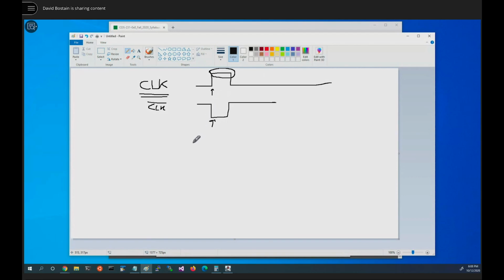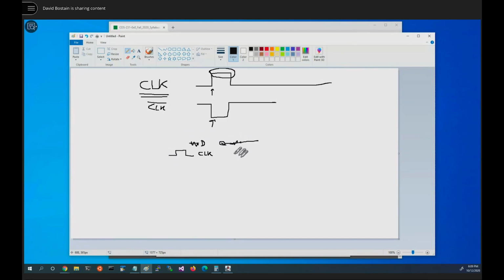If we have a D flip-flop here, I won't draw it formally yet, and a Q output over here, and we put a clock on this which is level triggered, then during the time the clock is high, as D moves around, Q follows the motion.